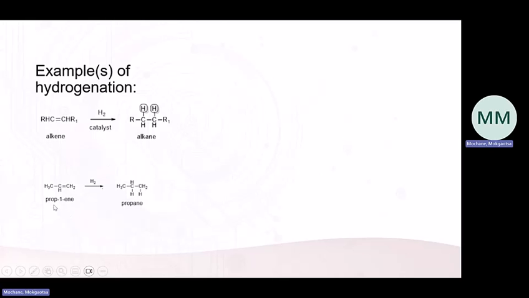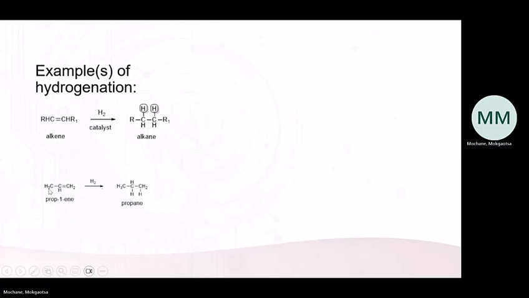For example, if you look at the bottom reaction there, you've got propene. The fact that it says 'ene' means that it's an alkene, a double bond. Okay, I forgot to put the catalyst there. There must be a catalyst, Pt or something. My apologies, but it has to be there.